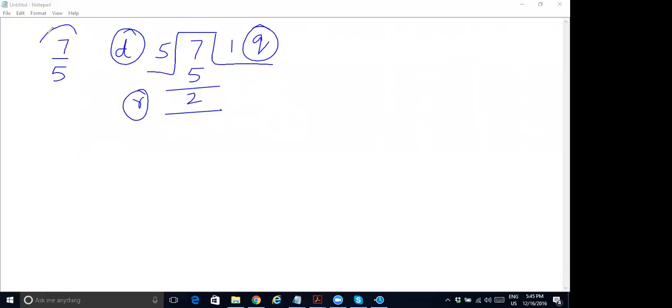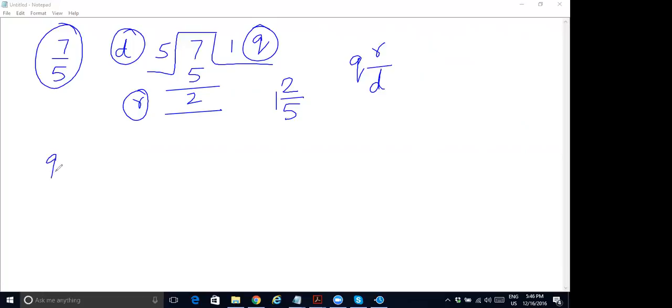So how can I express this fraction? This fraction is expressed as quotient plus remainder over divisor: 1 and 2 by 5. Correct? Right?